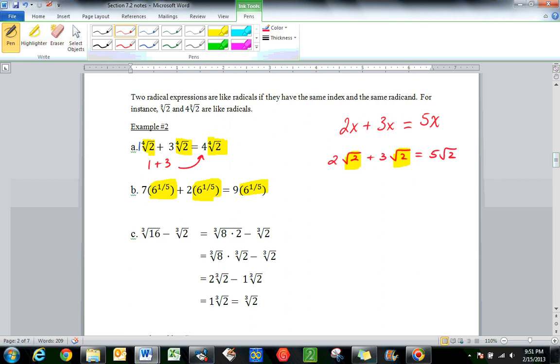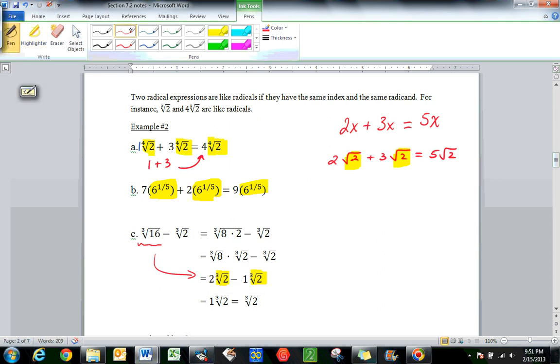Now, if you remember, we had some problems with square roots where the terms weren't common, but we had a situation where we could break one of them apart to create common terms, and that's what we're going to do here. We're going to take the cube root of 16 and break it apart so that we can create a situation that has common terms. And of course we have the cube root of 2 for both parts now.